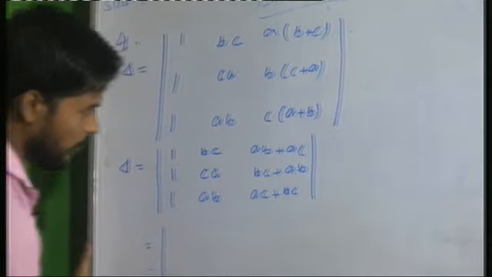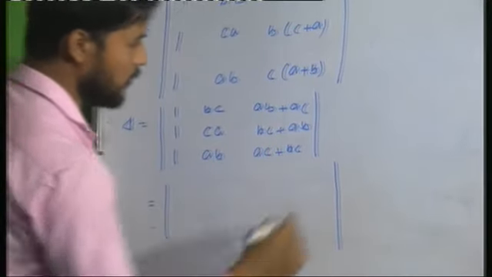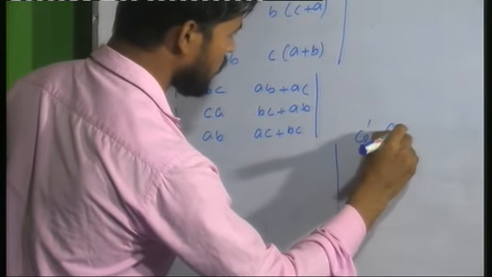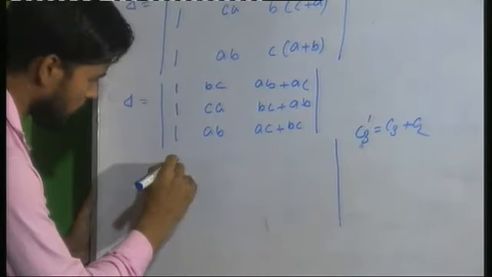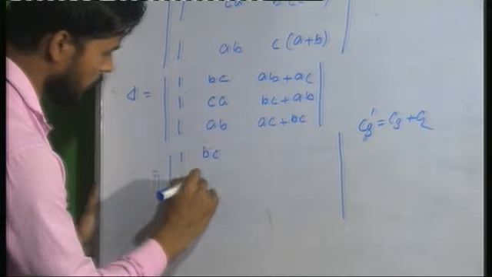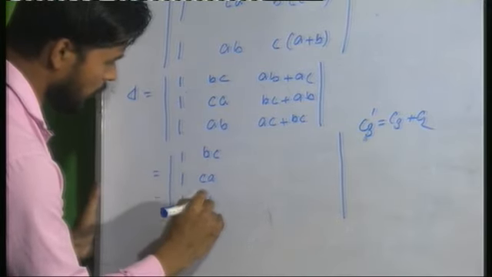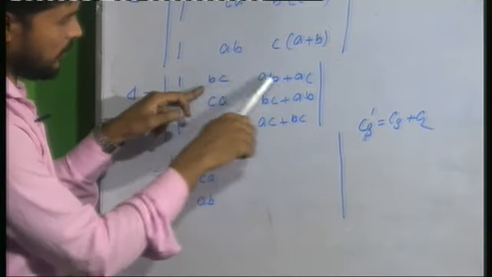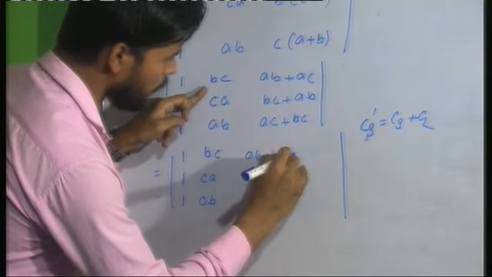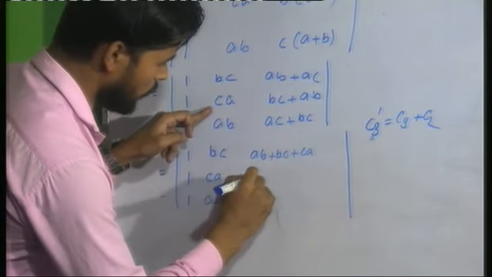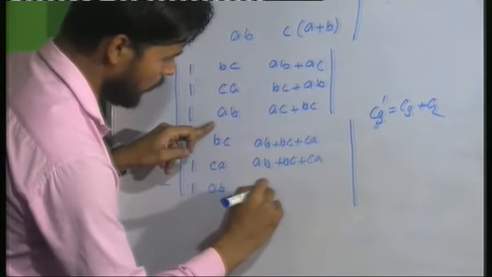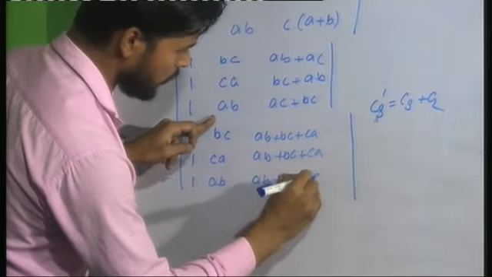Now if I do the operation C3 goes to C3 plus C2, see what happened. The first column is unchanged, 1 1 1, the second column is unchanged, bc ca ab, and the third column adds these two elements: ab plus bc plus ca in each row.